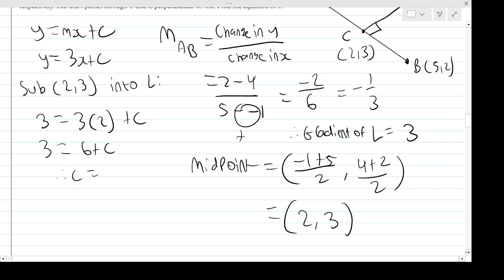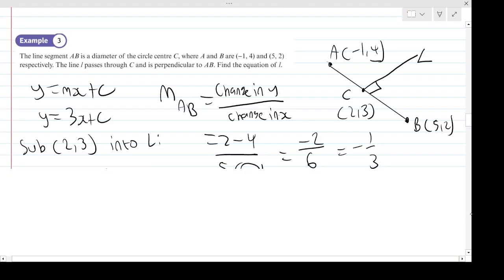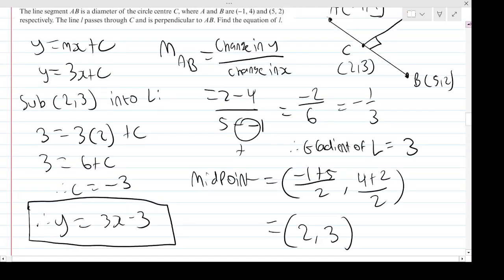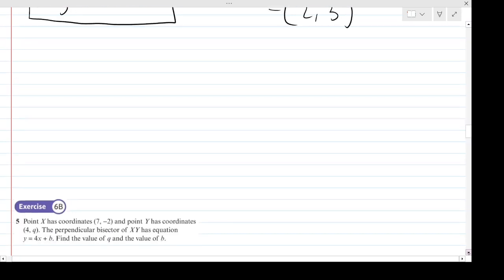Therefore, c, if you take away 6 from both sides, will be minus 3. Therefore, we've got our equation: y is 3x minus 3. There we are. Good stuff. Cool. So that's the perpendicular bisector, by the way, as well, the fact that it passes through the centre and it's perpendicular. But there we are.